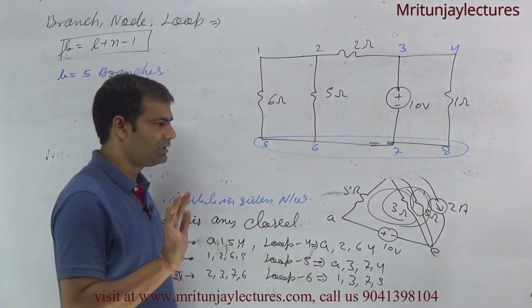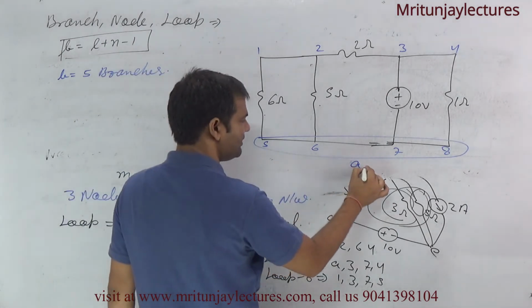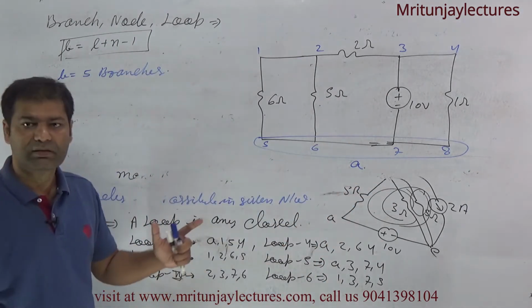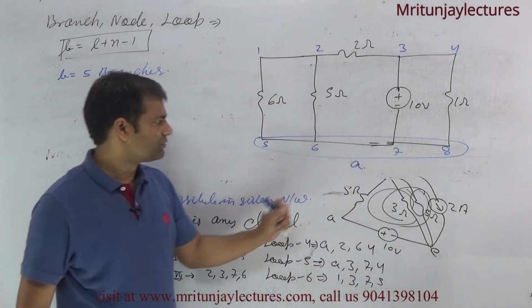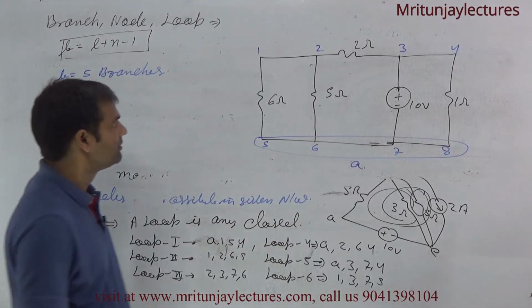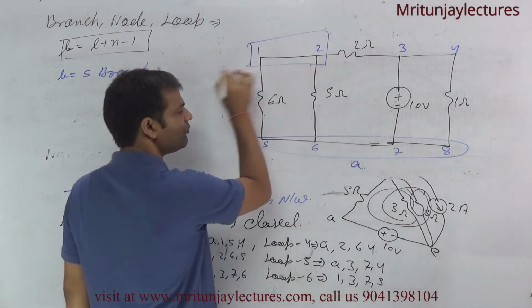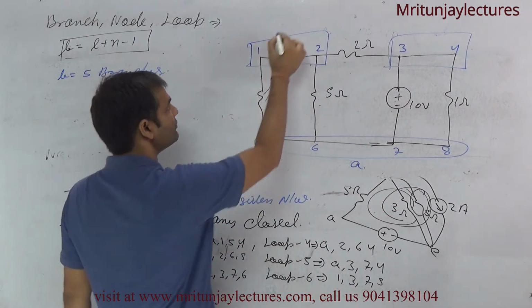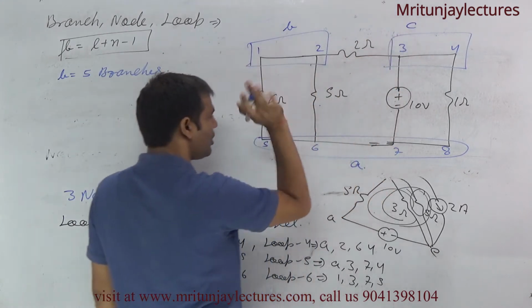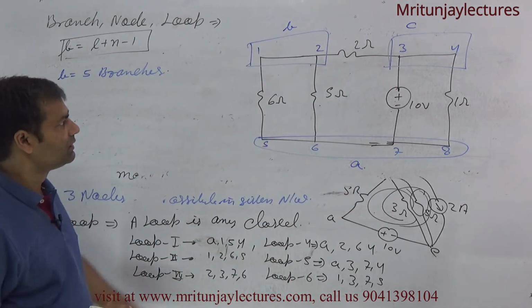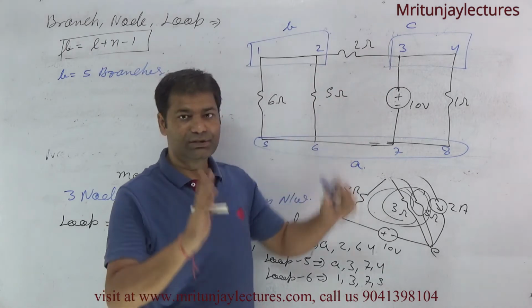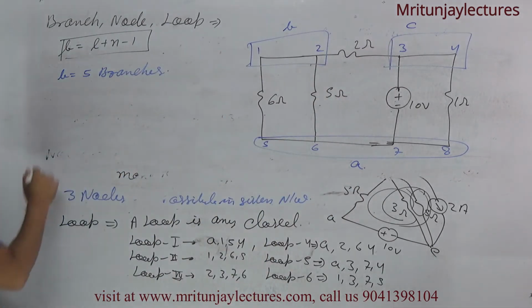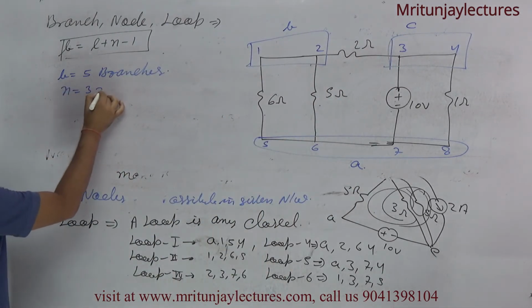Suppose this point's name is A. And 1 and 2 represent the same point, and 3 and 4 represent the same point. So that is B and this one C. So how many nodes are possible? A, B, C. 3 nodes are possible there. So N is equal to 3 nodes.